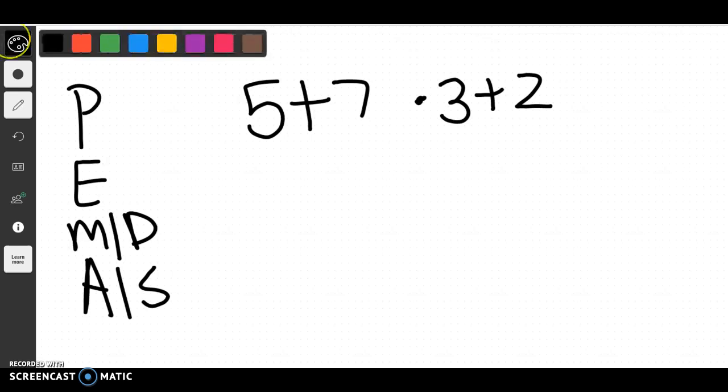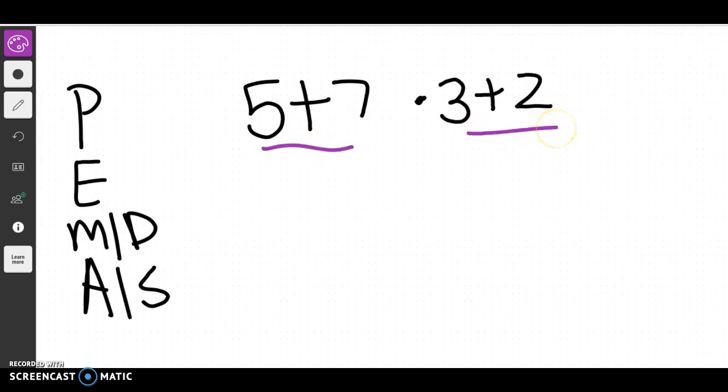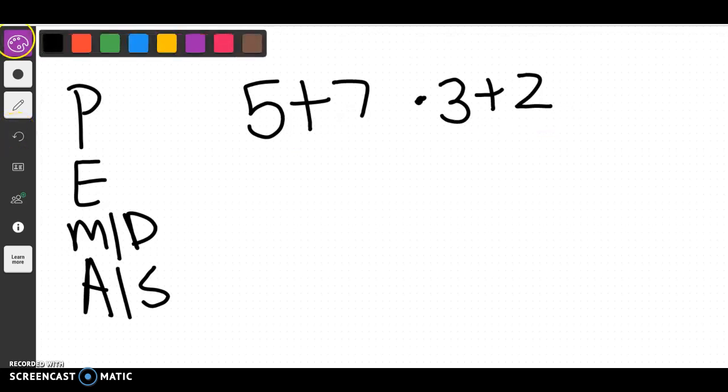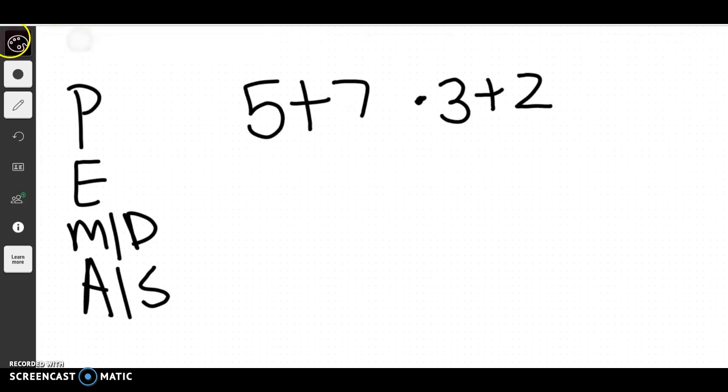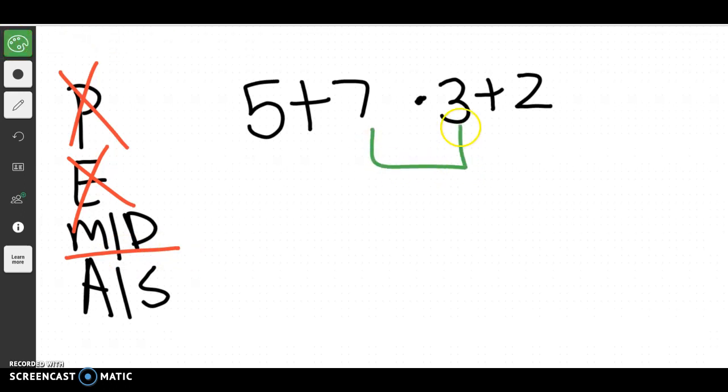Okay, this example is hard for most people just because we have these things that kind of look the same. See how we have 5 plus 7 and 3 plus 2. So there's a lot of people that want to do those operations first. Unfortunately, again, we've got to follow the order of operations, so we don't have parentheses, no exponents, but we do have multiplication and division. So first thing we'll have to do is multiply, and that will give me 21.